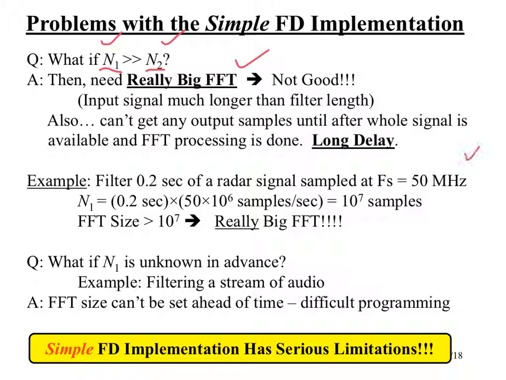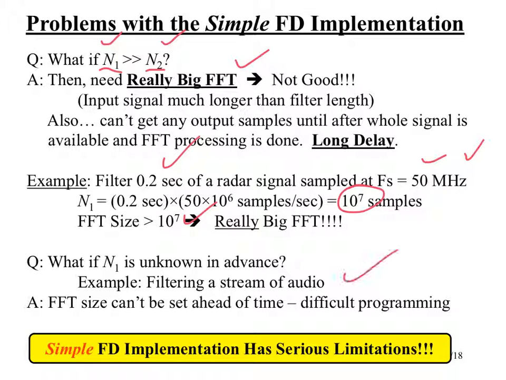So here's another example. This is the big FFT part. Suppose I have to filter 0.2 seconds of a radar signal. My sampling rate is 50 megahertz. So my N1 is going to be 10 to the 7th samples. So my FFT is going to be bigger than 10 megasamples. And that's a really, really big FFT.